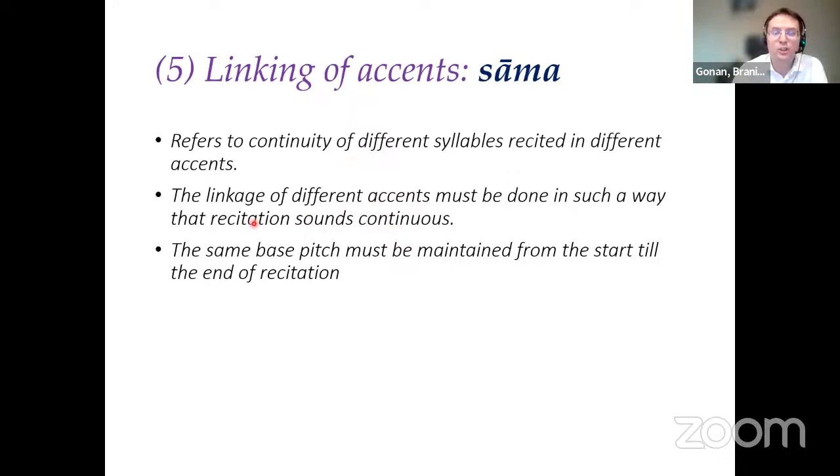So the recitation should sound continuous. And the biggest challenge always is that the same bass pitch must be maintained from the start till the end of recitation. Especially when we chant in a group, this comes with a lot of practice and a lot of group chanting.